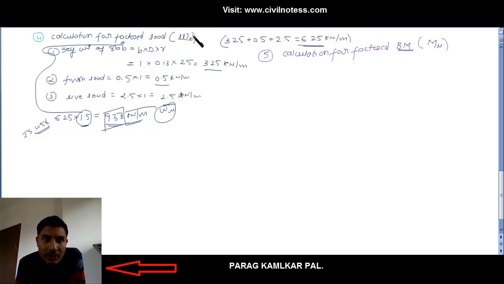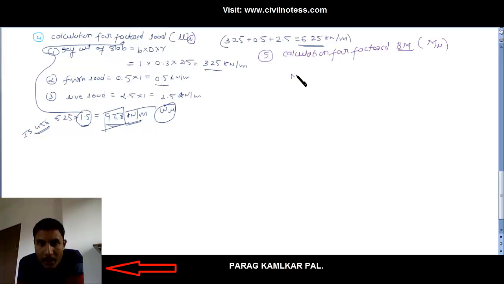You can see over here that U is also assigned, as with factored load. If U is attached to a particular symbol or representative value, it is termed as factored.